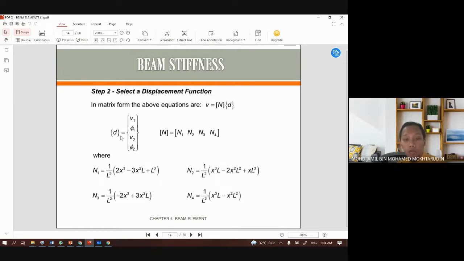So these are our degree of freedom, the variables that we want to find, and N is something, N1, N2, N3, and N4, which are given here. So these are our N's. Now the displacement can be found easily by substituting the location X that we want on the beam.